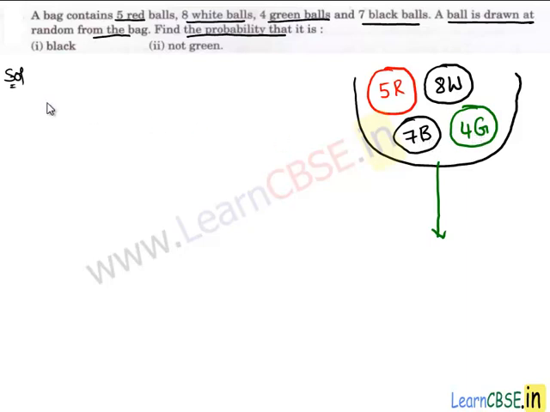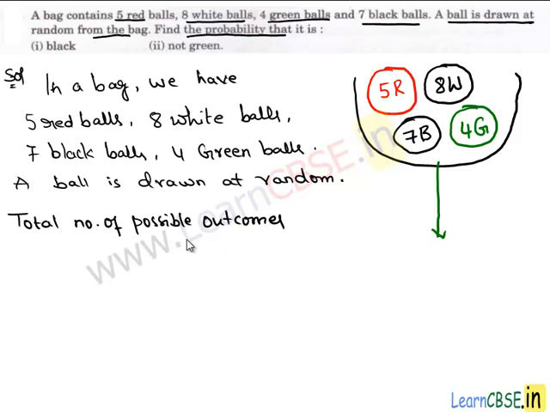The total number of outcomes of this experiment is the sum of these balls. Let the total number of outcomes be n(S), which is equal to the sum of balls, that is 5 red balls, 8 white balls, 7 black balls and 4 green balls. Their sum is equal to 24.